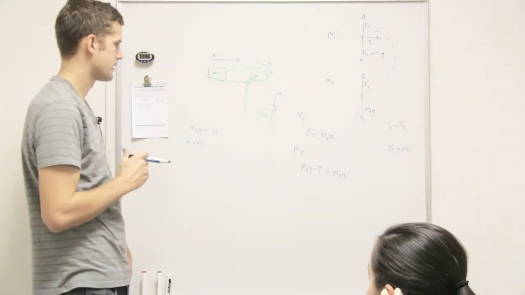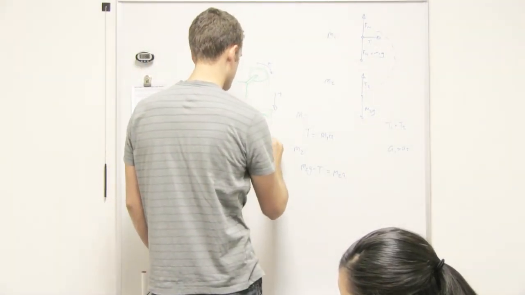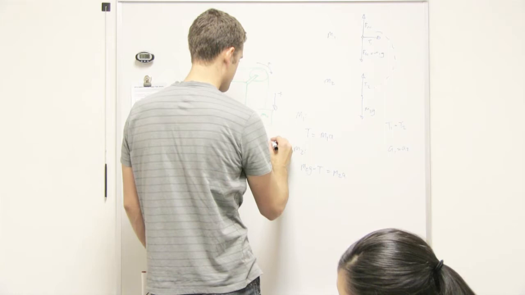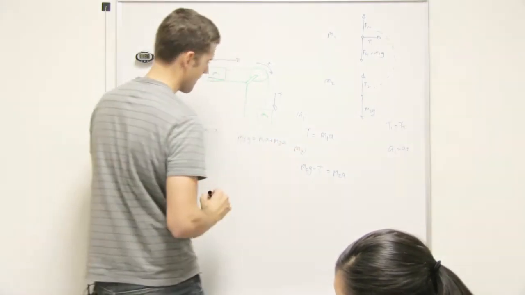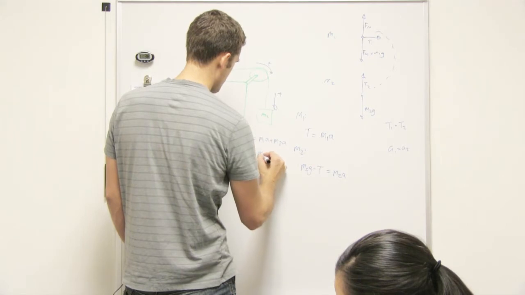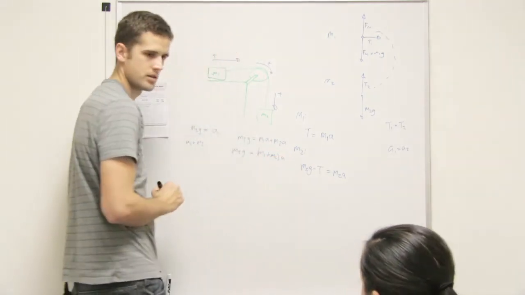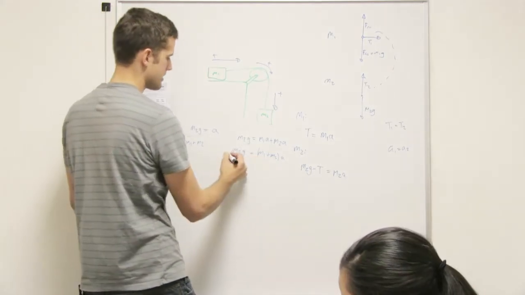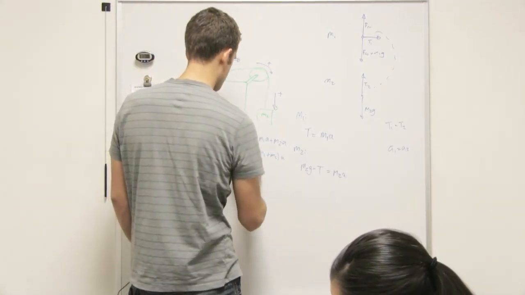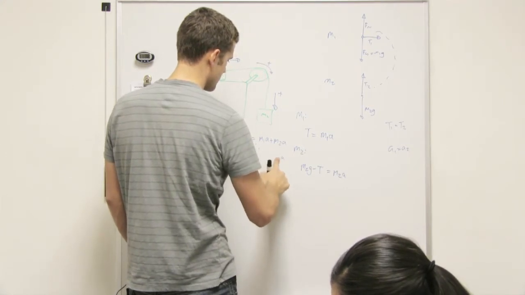Not quite. So what do we have? We had m2g equals m1a plus m2a. You factor it out, so you have m2g equals m1 plus m2 times a. So you have to divide by this. And you can't get rid of the g.